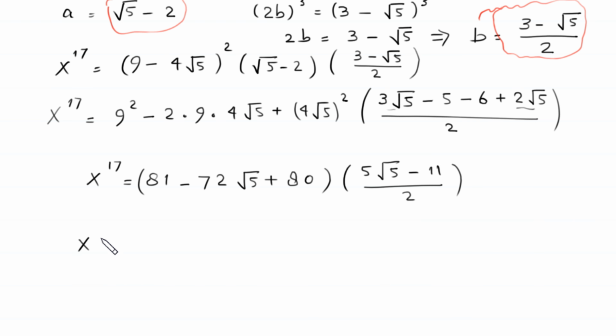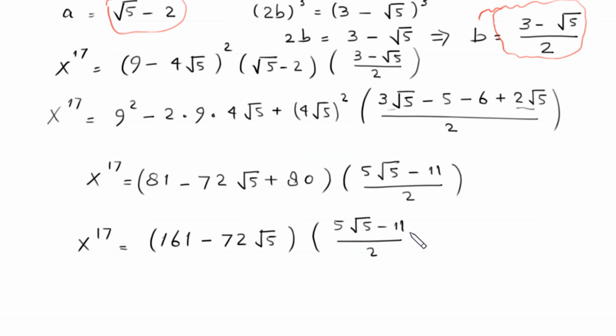Next, x to the power 17 is equal to, 81 plus 80 will become 161 minus 72 times root 5 times this expression 5 times root 5 minus 11 divided by 2.